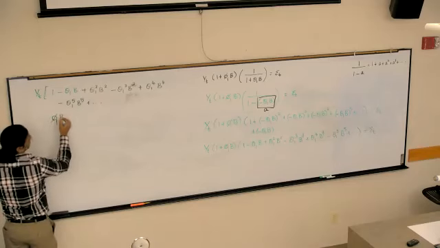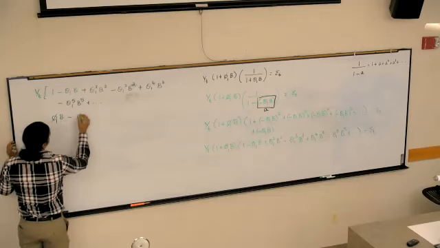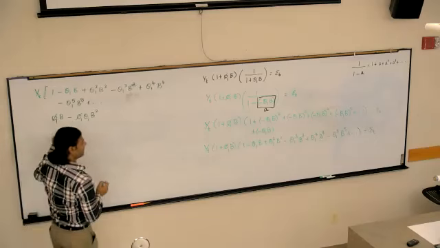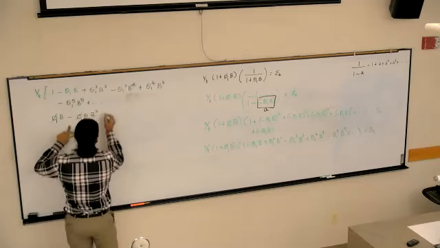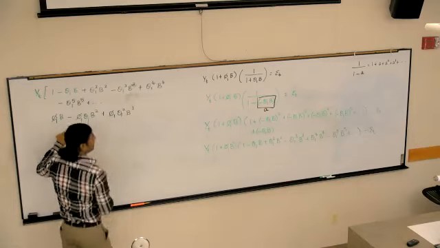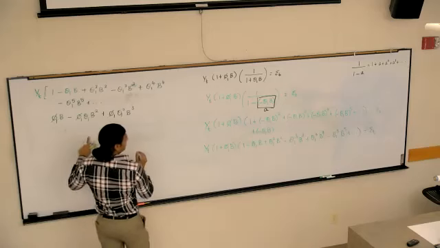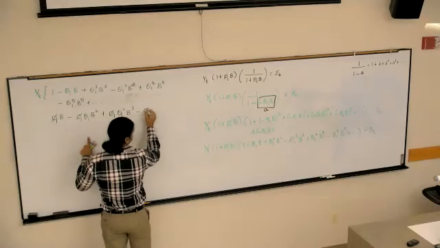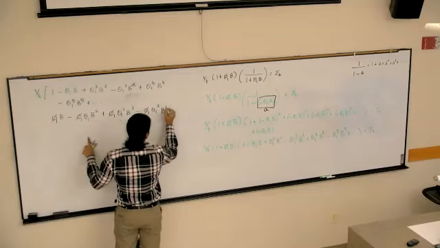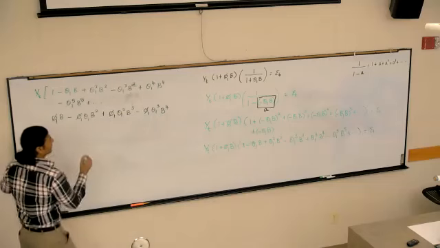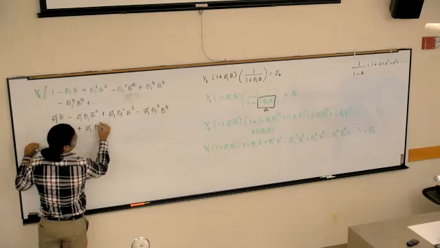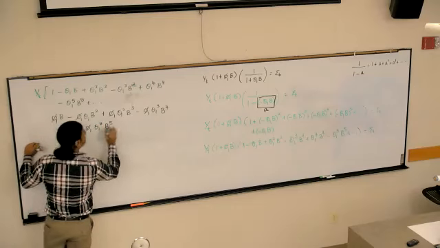So we'll have phi1 B minus phi1 theta 1 B squared plus phi1 theta 1 squared B cubed minus phi1 theta 1 cubed B raised 4 plus phi1 theta 1 raised 4 B raised 5.